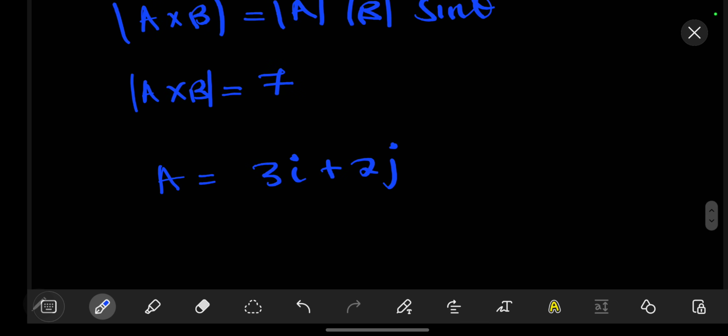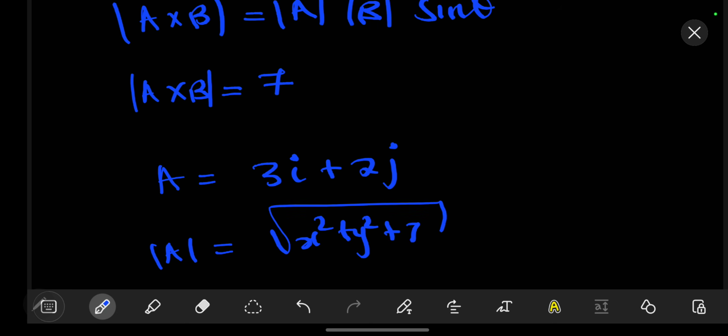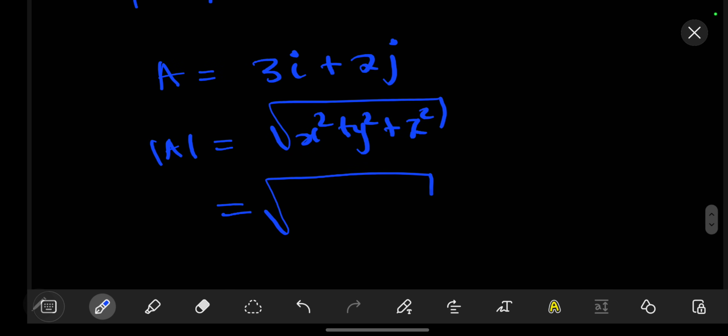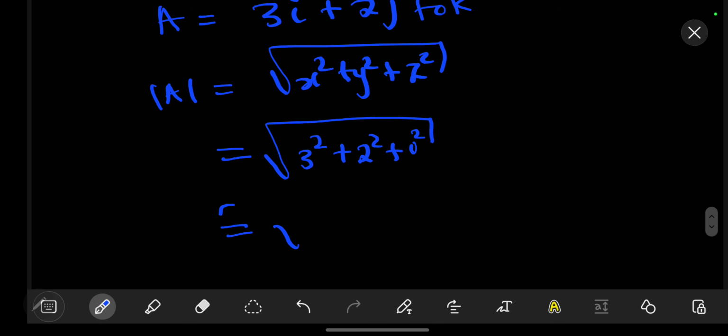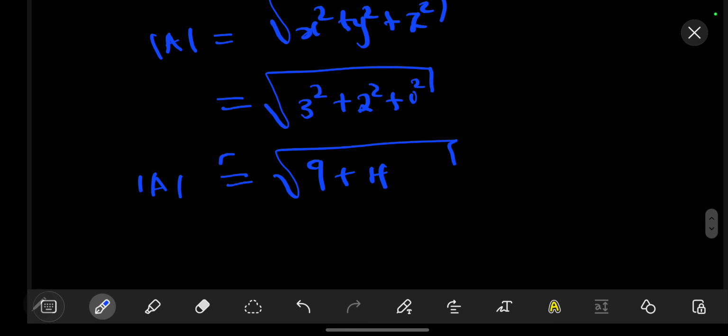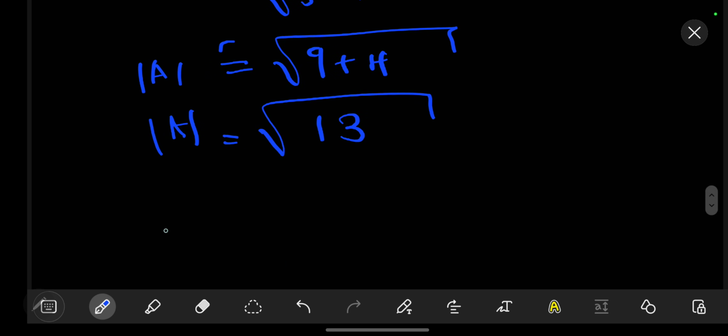The magnitude of A should be equal to the square root of x squared plus y squared plus z squared, which is the square root of 3 squared plus 2 squared plus 0 squared. 3 squared is 9 plus 2 squared is 4, so the magnitude of A squared is 9 plus 4, which gives us 13.